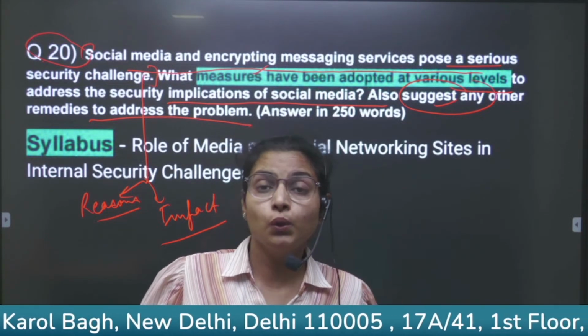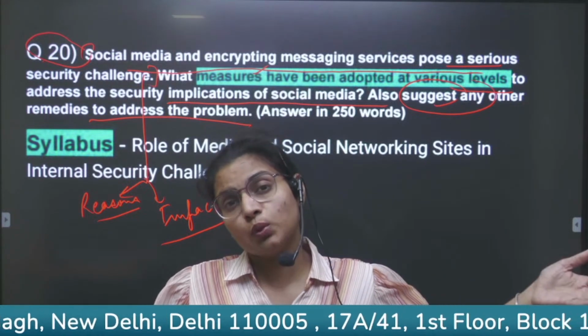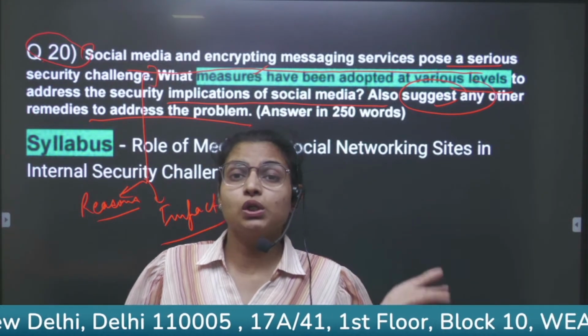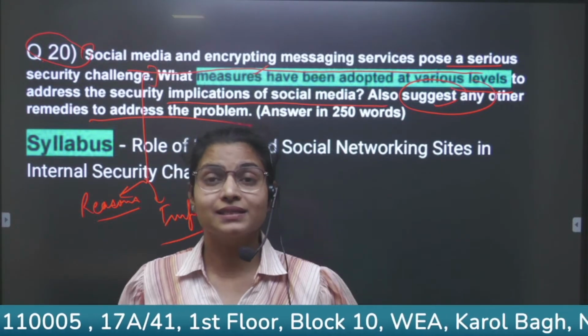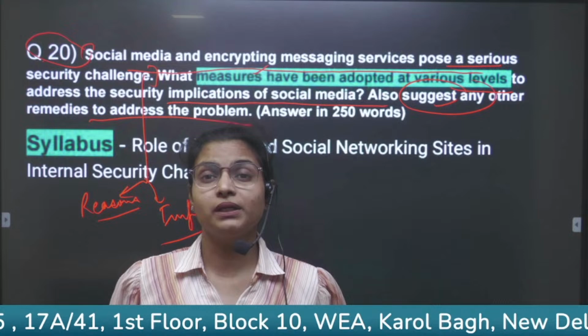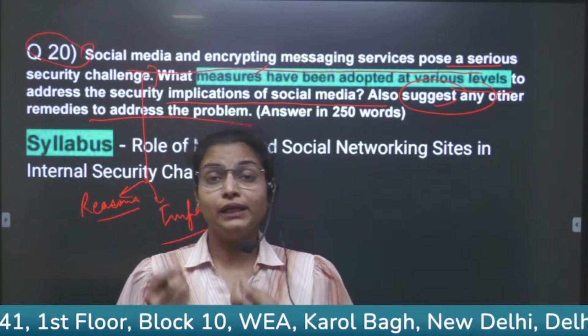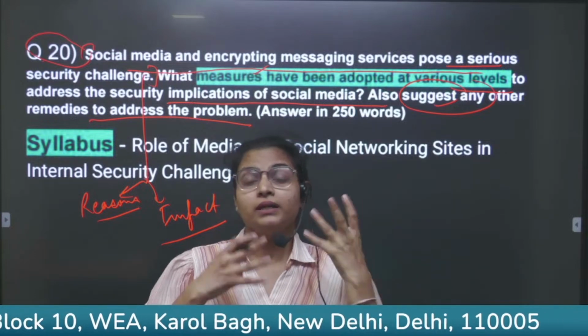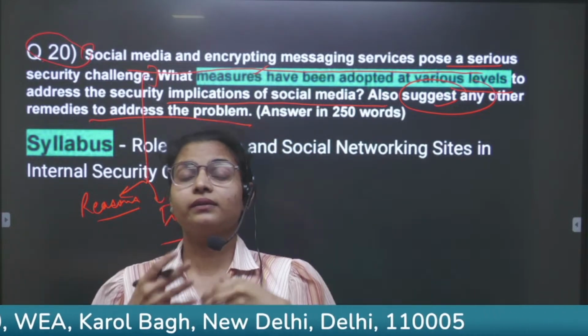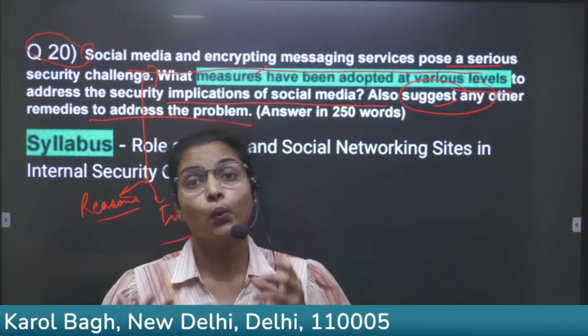In fact, lone wolf attacks were also seen, and due to social media, a person need not migrate to another country to get training for terrorist activities. That person can get the training at home only.